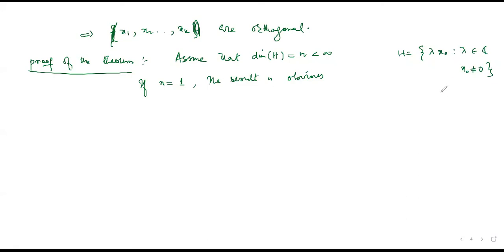Now, obviously इसकी जो basis होगी वो कोई भी non-zero vector तुम पकड़ सकते हो. So x naught जो है, this is the basis of H, and of course x naught is also the eigenvector, because what?